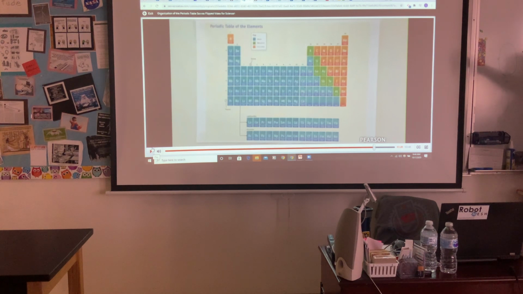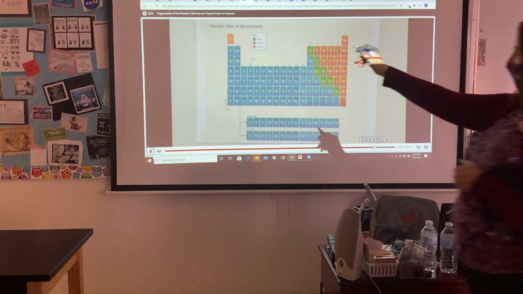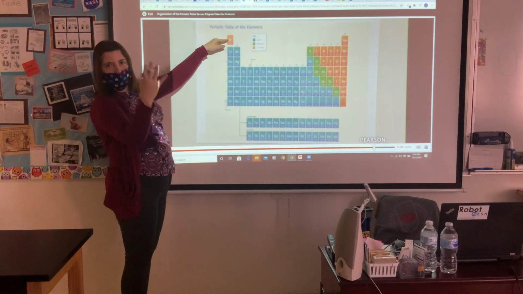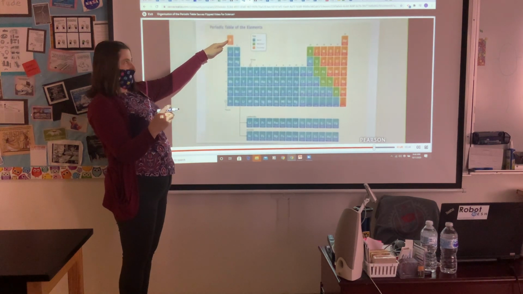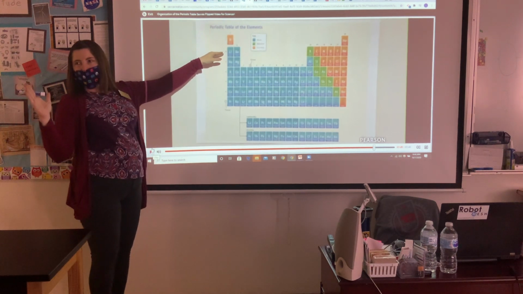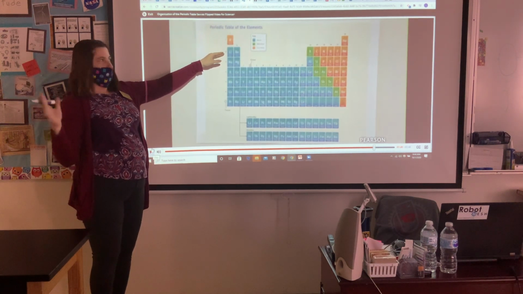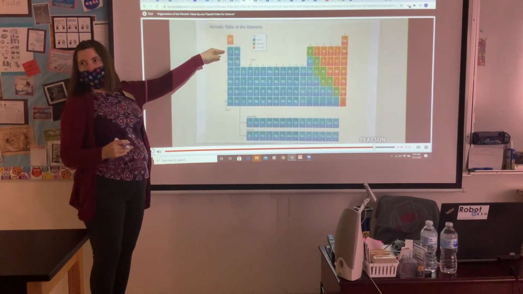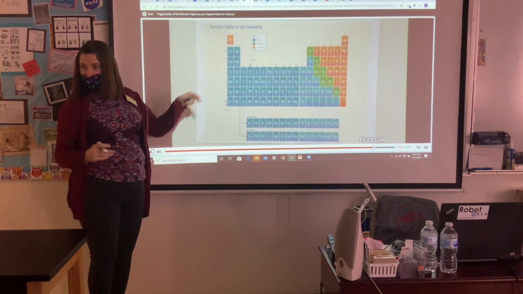And so each of these periods, as we go down, the electrons here are just on the innermost level. And the electrons on the next one are the next energy level out. And so this is like the first ring of electrons. This is the second ring of electrons, the third ring of electrons.